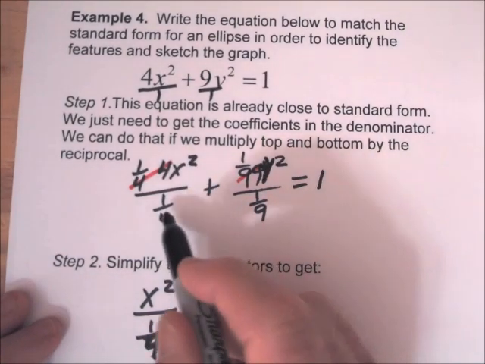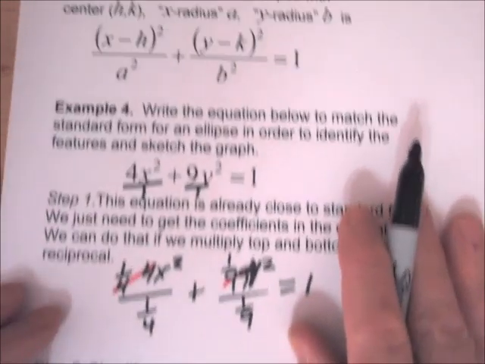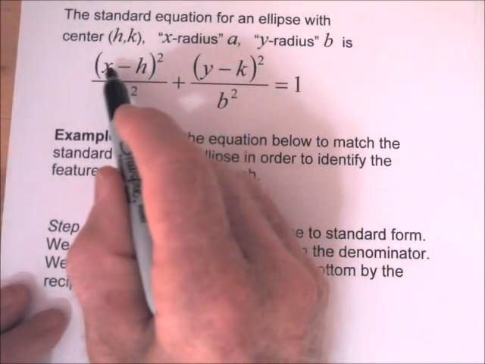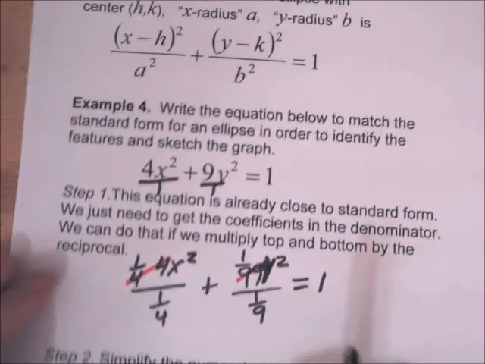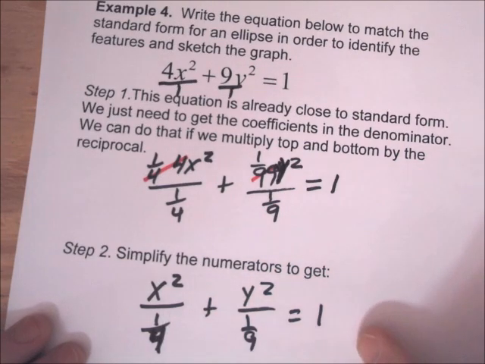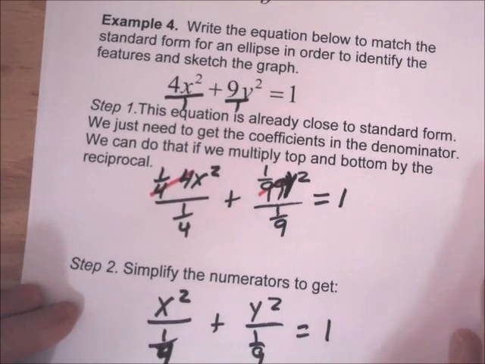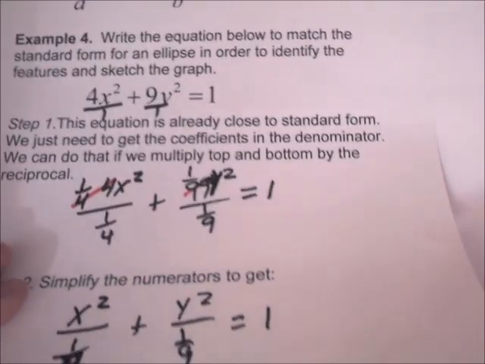Okay, so it's very close to the form that we wanted now. Instead of x, we can write x minus 0, instead of y, write y minus 0, and then we want to write the denominators in exponent form. Square root of 1/4 is 1/2, so this is going to be 1/2 squared on the bottom.